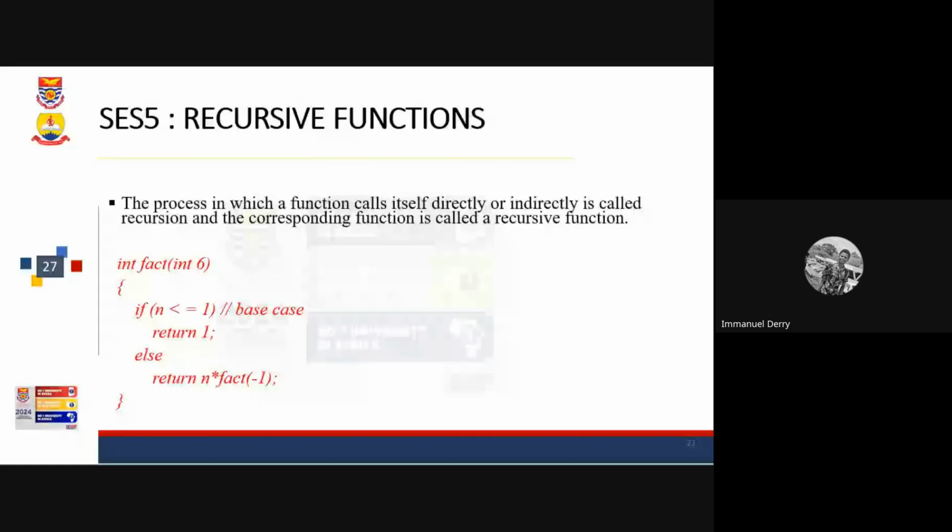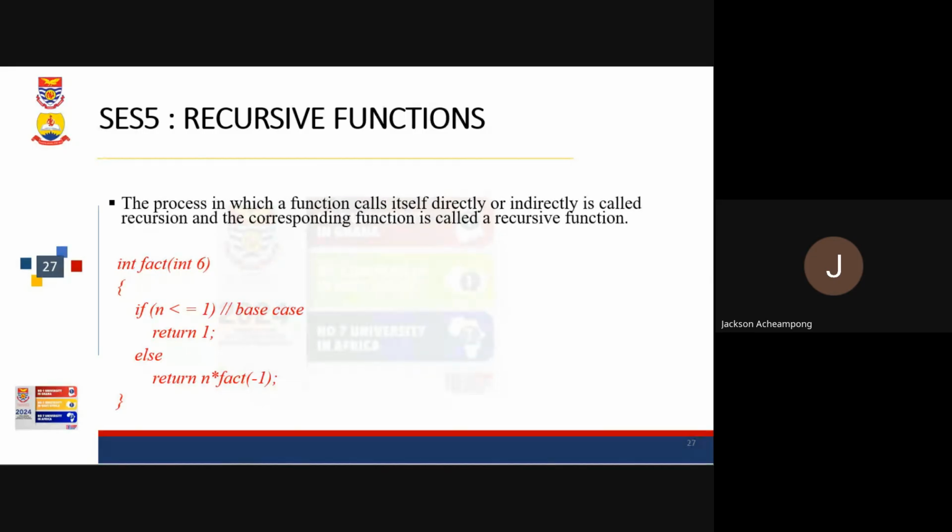Jackson, tell us. So we have factors of a number, and then we have a factorial of a number. Okay, yeah. When we talk about the factors of a number, we are talking about the numbers that can divide a particular number. And then the factorial sign is the exclamation mark.